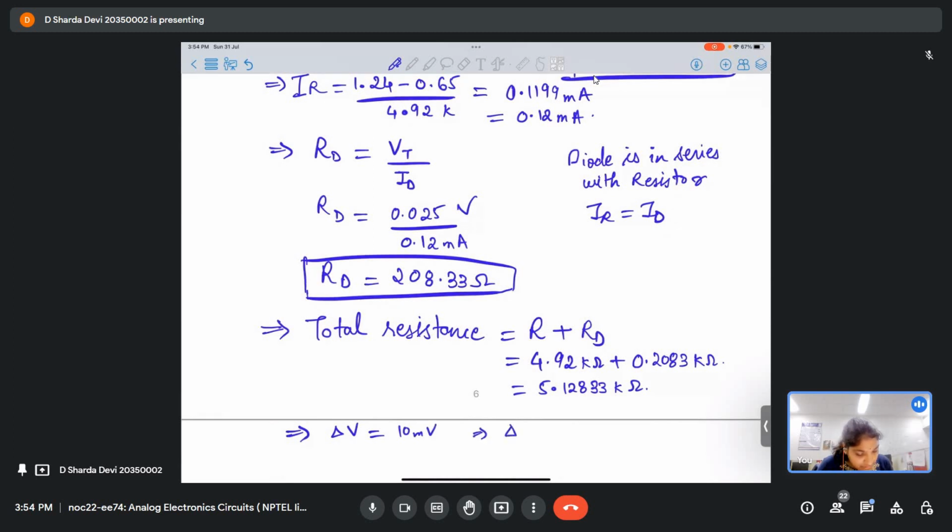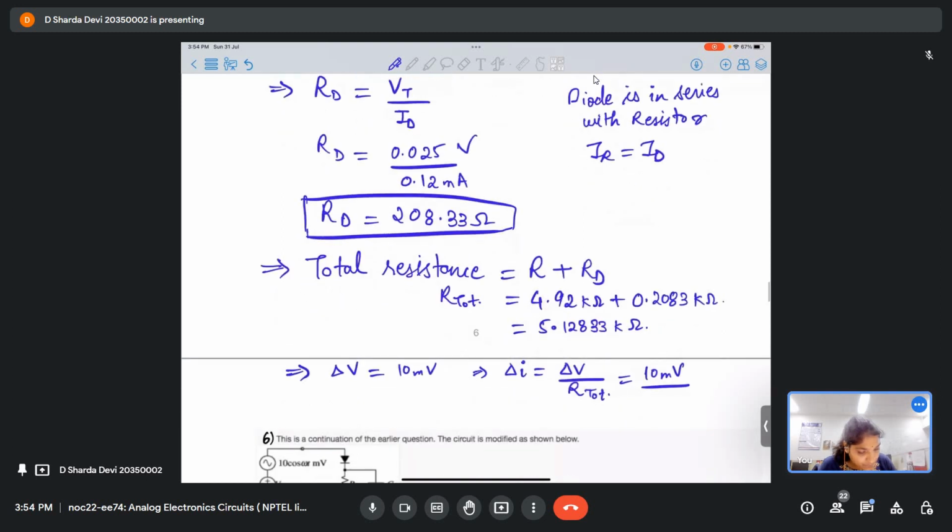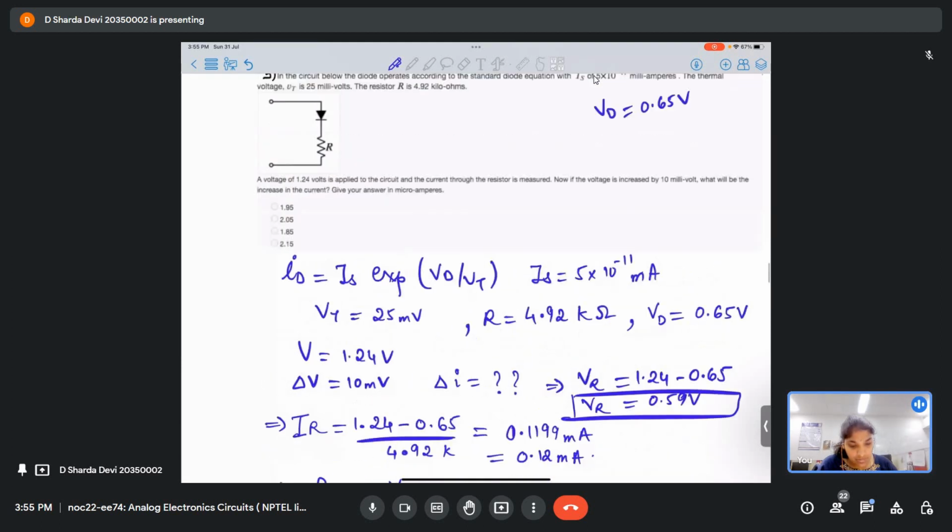So delta I will be delta V by R total. So this will be 10 millivolt by 5.12833 kilo ohms. We have to report the answer in microamperes.